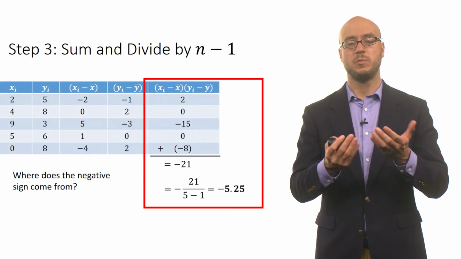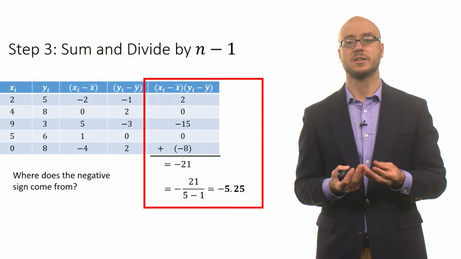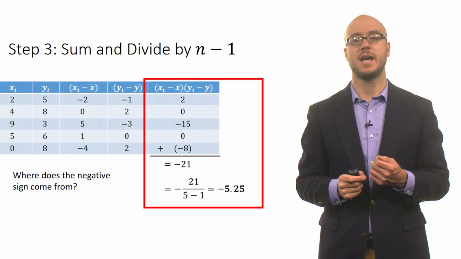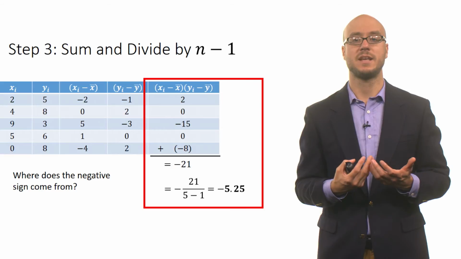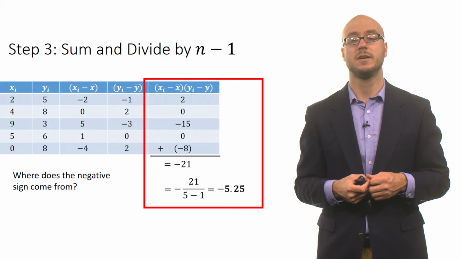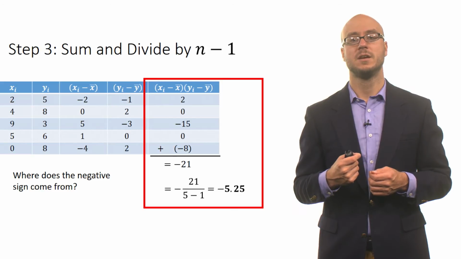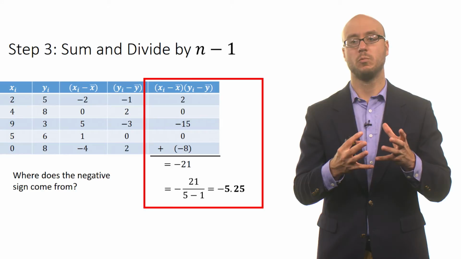Then for step 3, we want to calculate the average of the cross products. You add up the cross products for each person in our data set, and we divide by n minus 1, since we're treating this as a sample of data. So 2 plus 0 plus negative 15 plus 0 plus negative 8 gives us negative 21.